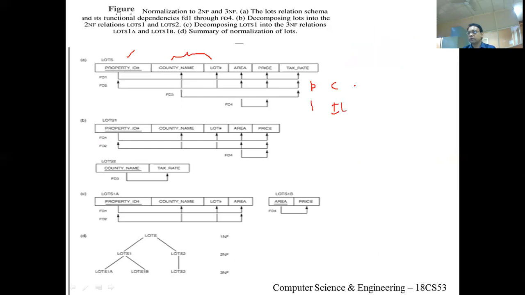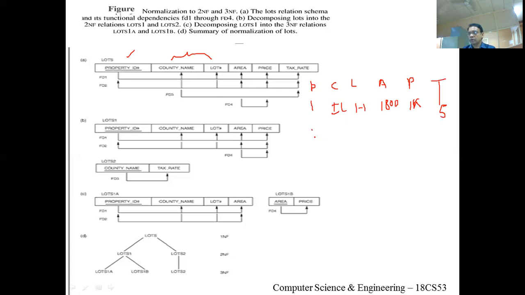Lot number I'll take 1-1, and then the area, I'll take 1800 square feet. Price some $1,000. Tax rate 10% or 5%.